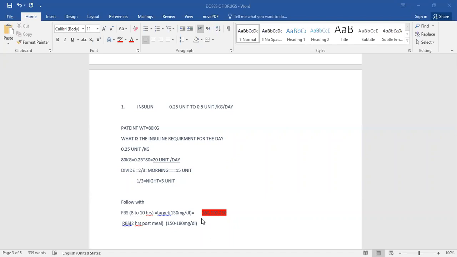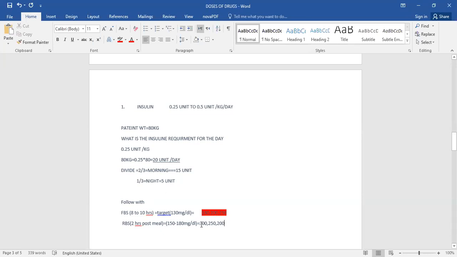In the same way, if the patient has RBS at night, 2 hours after dinner, of 300, 250, 200, these are all high. Which dose will you increase, morning or night dose?